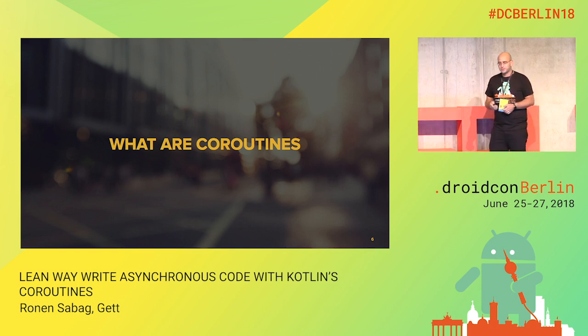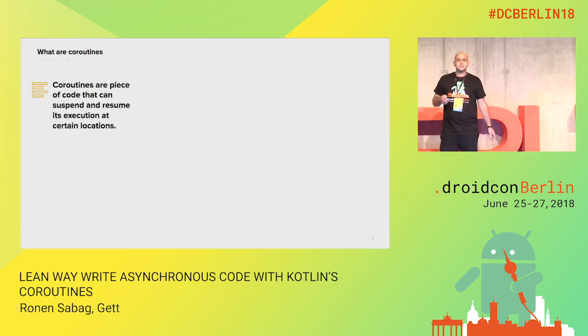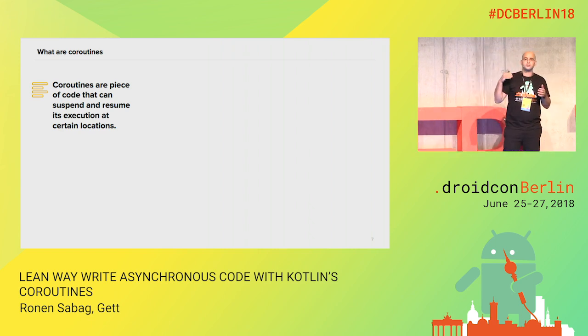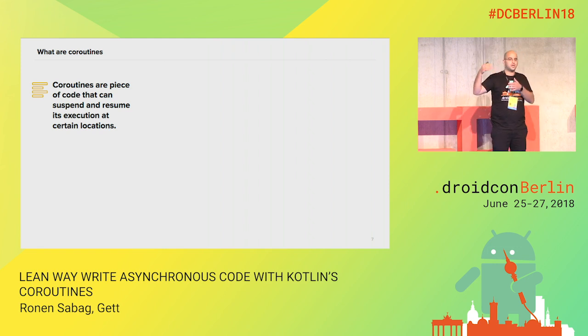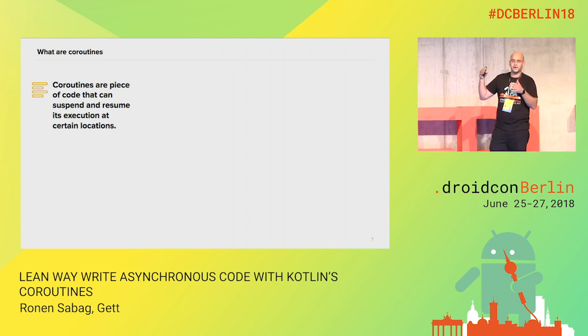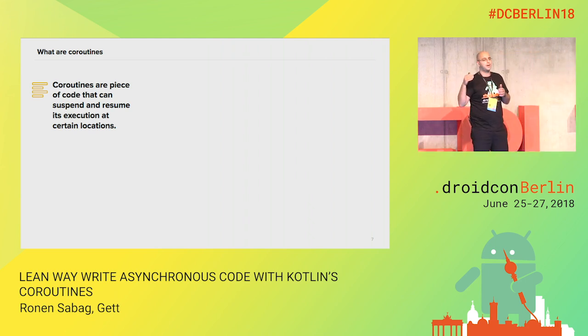All right, so what are coroutines? Coroutines are basically just a piece of code that can be suspended and resumed. In Kotlin, each coroutine is going to be changed by the compiler into a state machine. And each suspendable function is going to be a state in the state machine.